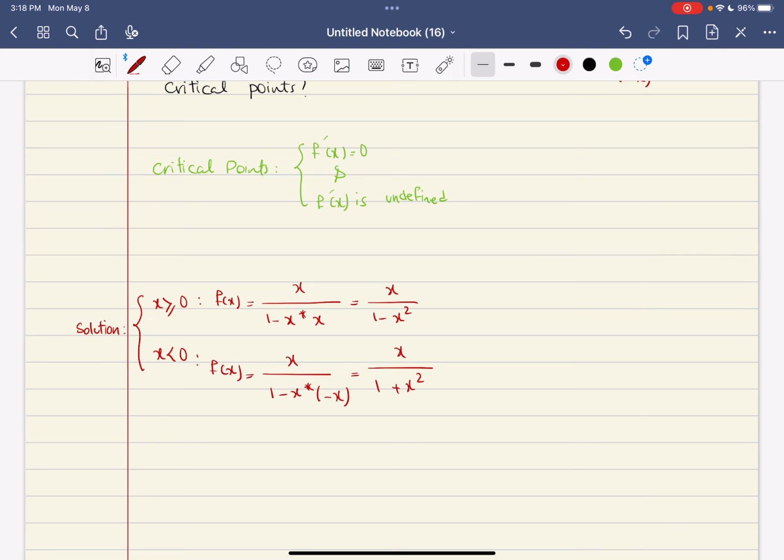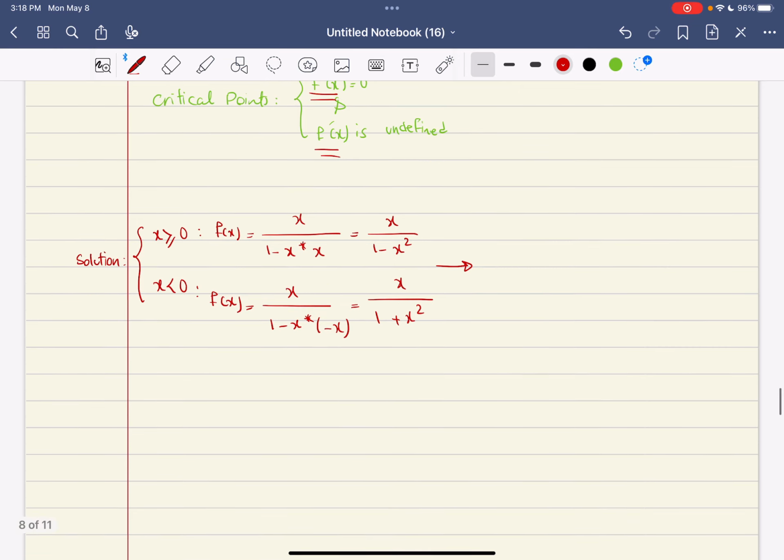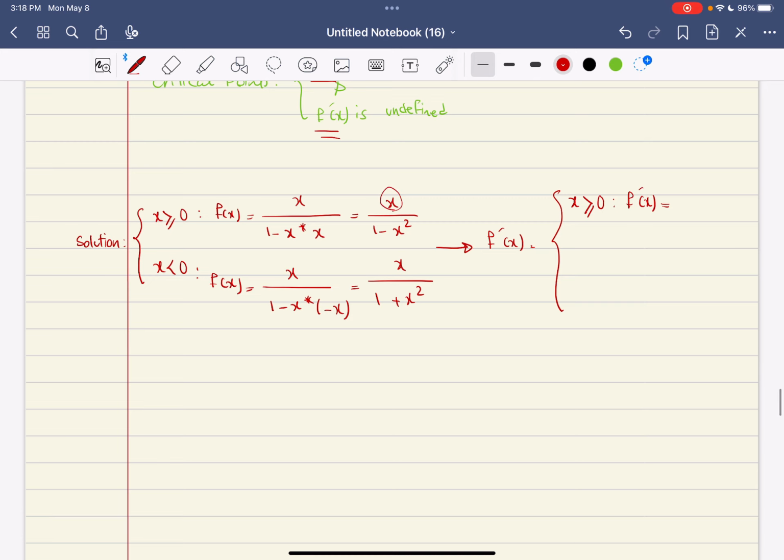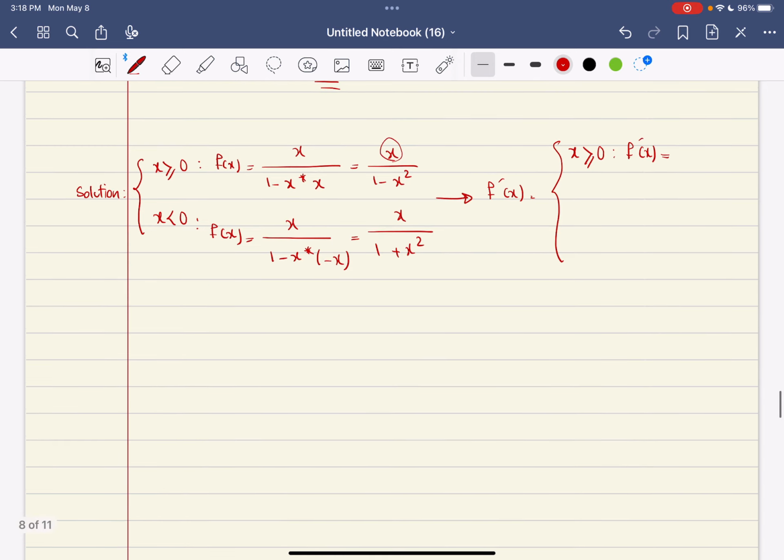So the very first thing that we should do is to find f prime x, because we need it for both cases. F prime x for x equal to or greater than 0 would be, we have a formula for the derivative, which is (u over v) prime is equal to u prime times v minus v prime times u over v to the power of 2.